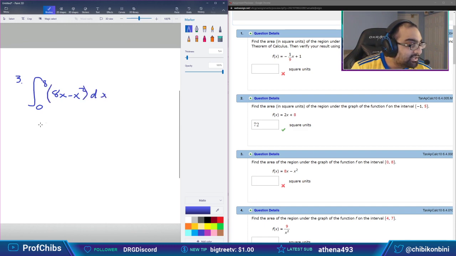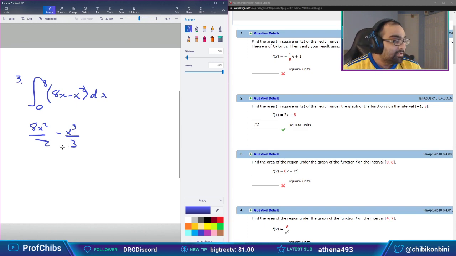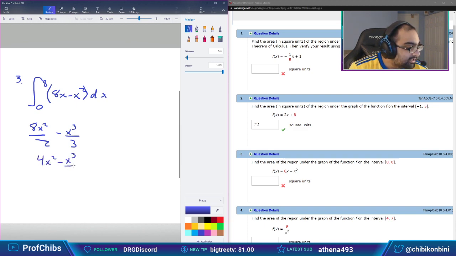If we take the integral of this, we get 8x squared over 2 minus x to the third over 3. Let's go ahead and clean this up here. We get 4x squared minus x to the third over 3.